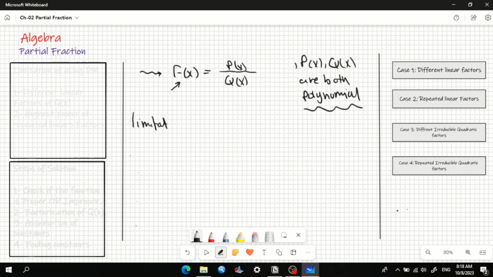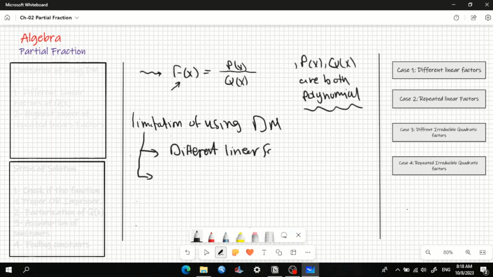Limitation of using the direct method. We only use the direct method in these two cases. Case one, if I have different linear factors of the function q of x, the denominator.